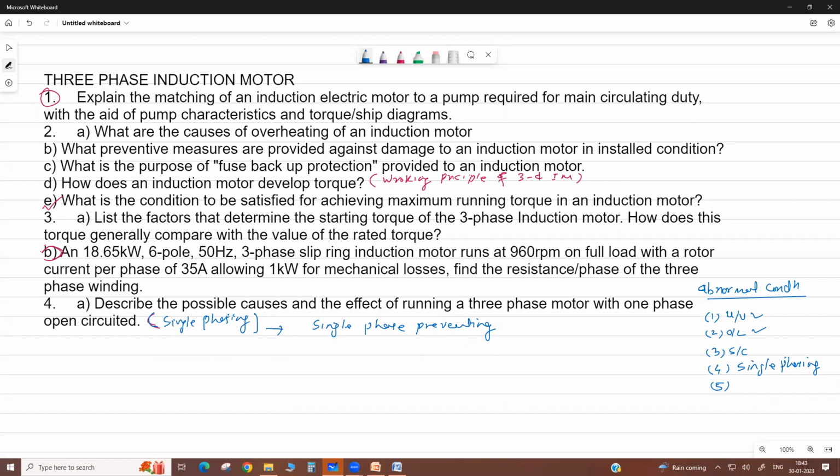He asked what are the possible causes and effect. What are the causes of single phasing? Suppose one fuse is gone, or the contactor is faulty.